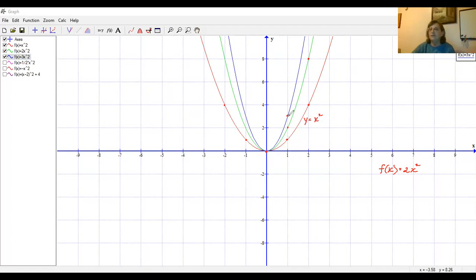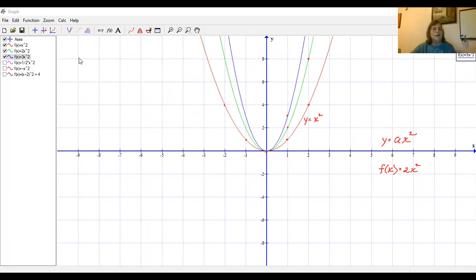If it's 3x squared, it goes up 3 units. Because when you plug in 1, 1 squared is still 1. And 1 times whatever your a is, we could look at this as ax squared plus bx plus c. So the next point 1 unit over from the vertex will go up whatever a is.